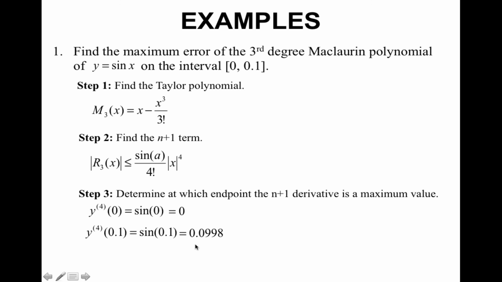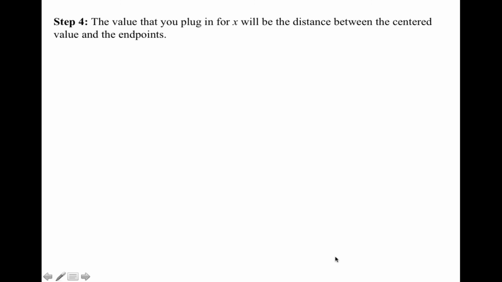So what this means is that I can use the a value that gives me the biggest value of the 4th derivative, which is 0.01. So that means I'm going to rewrite my remainder less than or equal to sine of 0.01. Step 4, the value that you plug in for x will be the distance between the centered value and the endpoints.